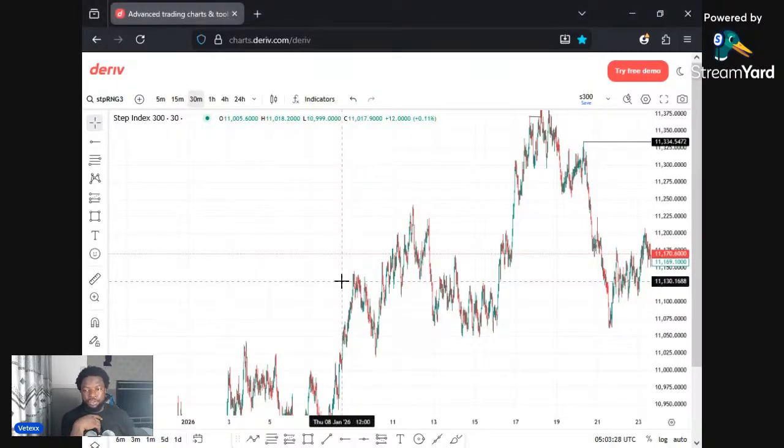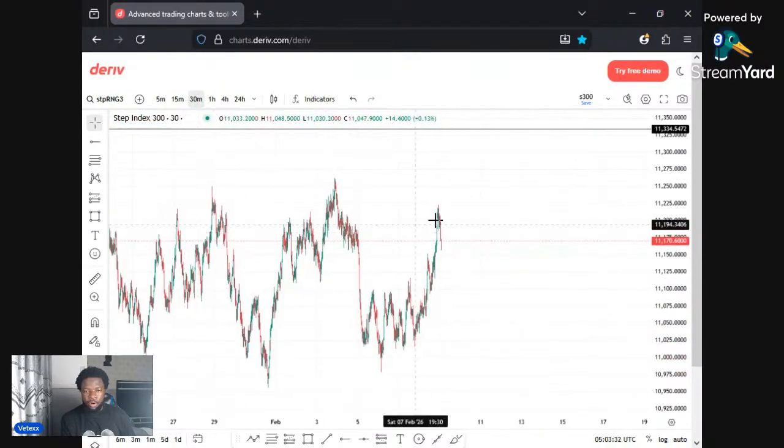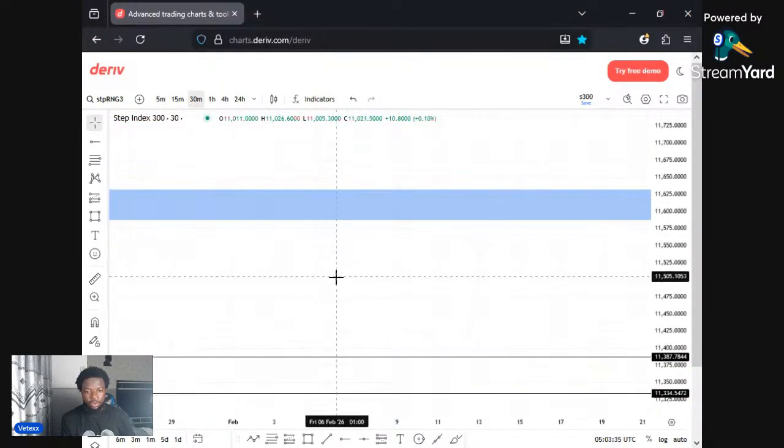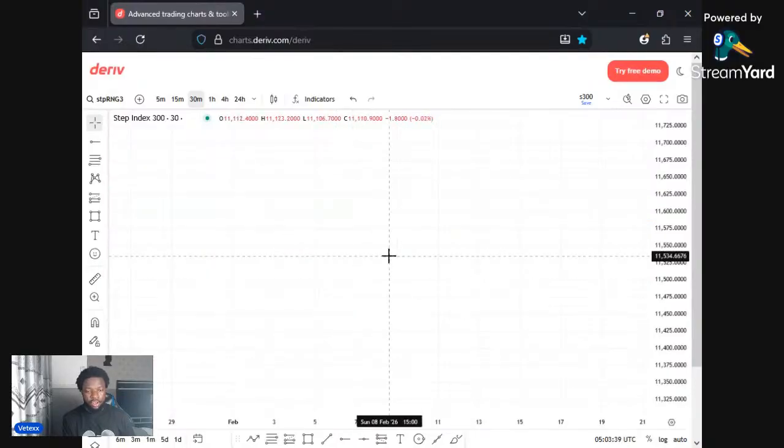Okay, so first of all, every day before we do the analysis, the system we trade is called the advanced market structure. Basically, we look for structures and liquidity.